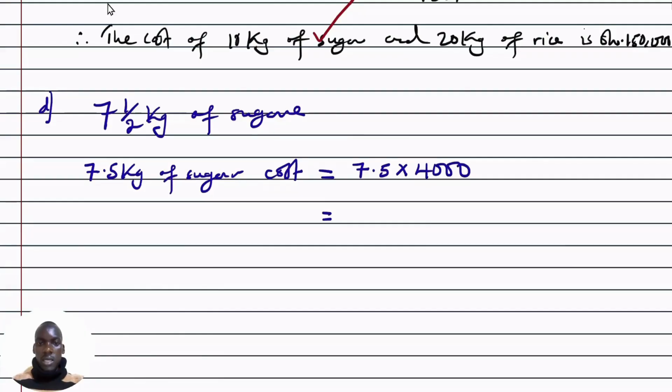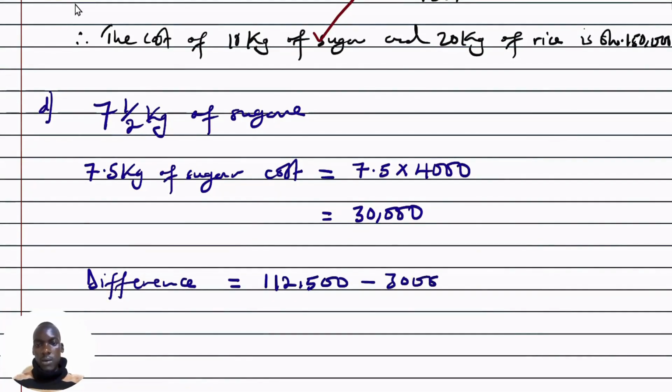So in here, as I multiply, I'm getting the result to be 30,000. So having got the expense used to buy the 7.5 kilograms of sugar, let us get now the difference. So in here, we are going to get 112,500 take away the 30,000. So as I simplify, I'm getting 82,500. So that means this amount of money remaining is the one used to buy some kilograms of rice, which they want us to determine.